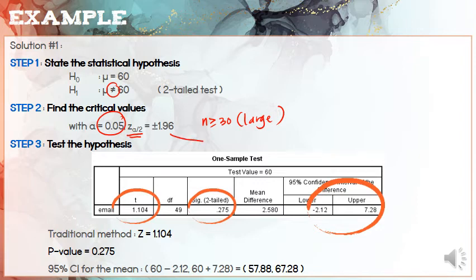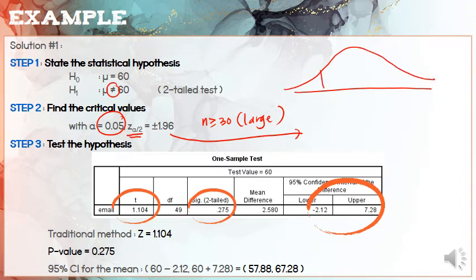So, sebenarnya apa maksud dia? Okay, this is your normal curve. Critical value awak yang awak dapat tu ini. Negatif 1.96, positif 1.96 untuk alpha over 2 sama dengan 0.025.